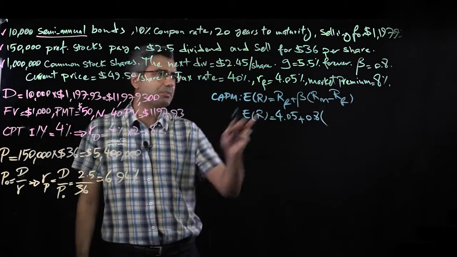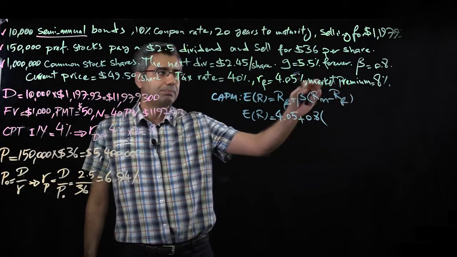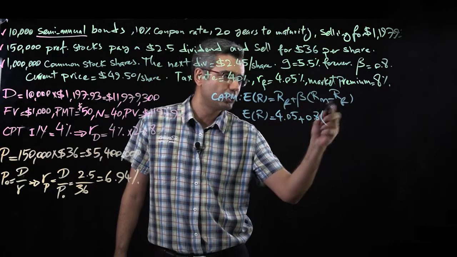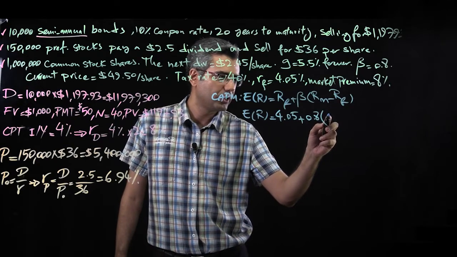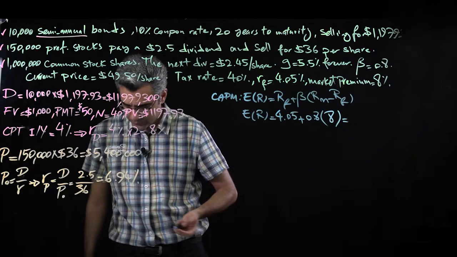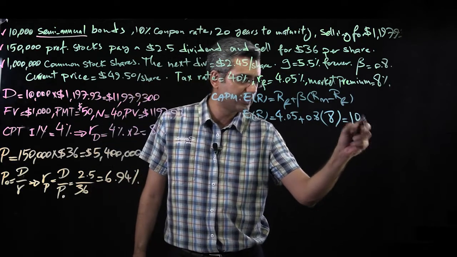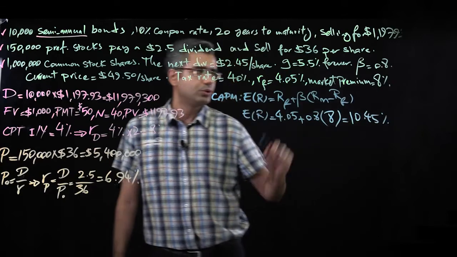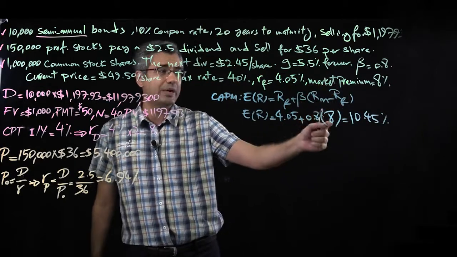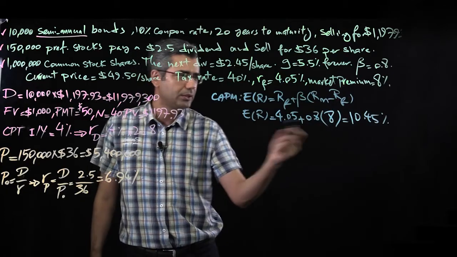RM is market return, but here you have market premium. When you have market premium, it means the risk-free rate has already been deducted, so no need to deduct RF. So I write 8% here. If you do the calculation, you will get 10.45%. But if you had market return instead of market premium, you would have to deduct RF as well.